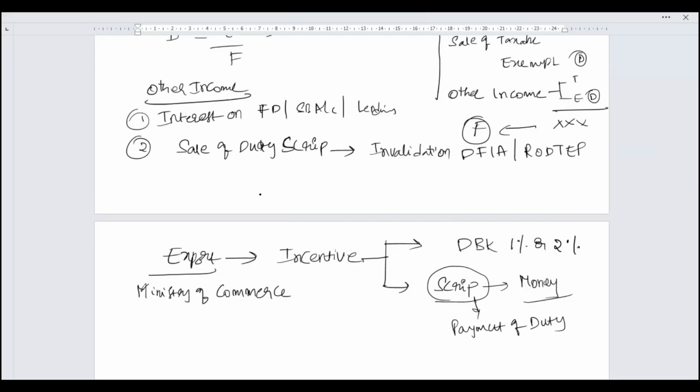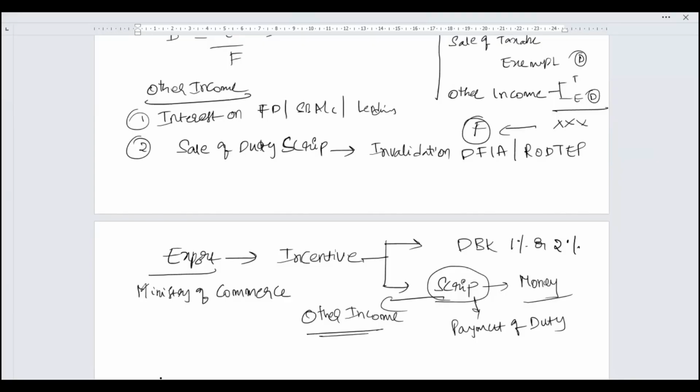Instead of you making a payment, you draw a bill on me. I go to my vendor, I get it discounted with banker. Now this is the value, negotiable instruments. Something like that is your script. Script is also like a negotiable instrument. So they load 2% or 1% into the script and they give to your account. This script I can use for further import, or I can transfer to some importer who wanted to use that particular script. So this script generally we call as other income, which gets credited to my P&L as other income.